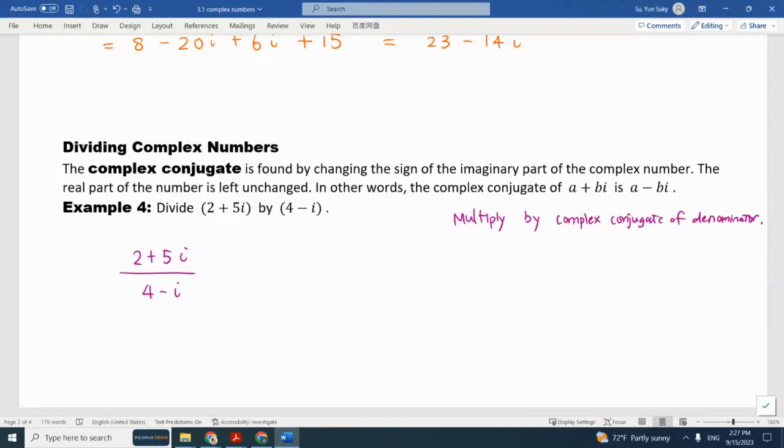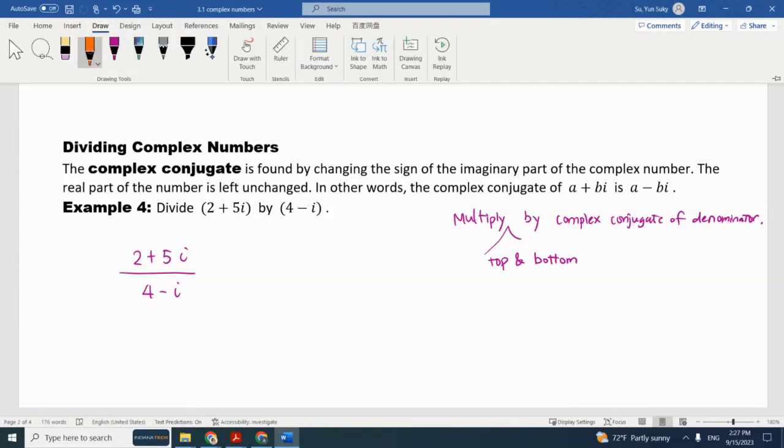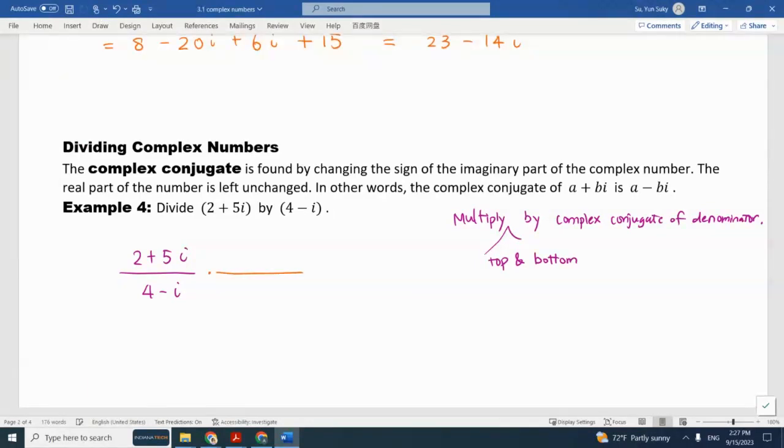You multiply the top and bottom by this. So in this problem, we multiply the top and bottom by the complex conjugate of the denominator. What's the complex conjugate of the denominator? 4 plus i, exactly. So 4 plus i and 4 plus i.